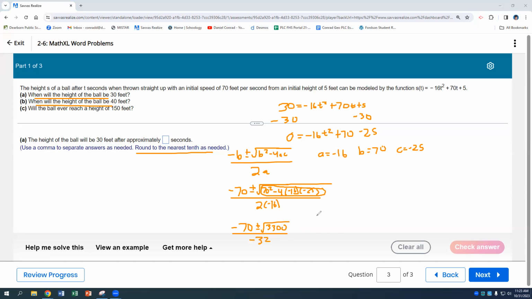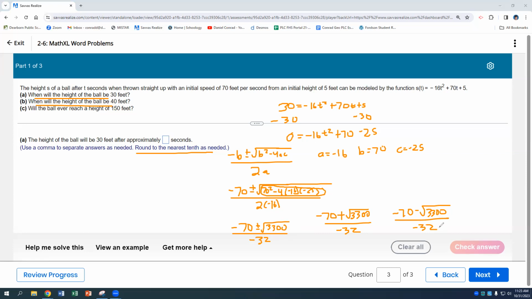Okay, and then I'm just going to find the answer for both. Negative 70 plus square root of 3,300 over negative 32, and then negative 70 minus square root of 3,300 all over negative 32.